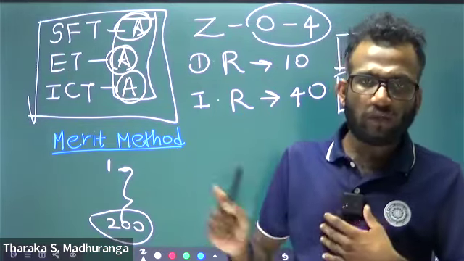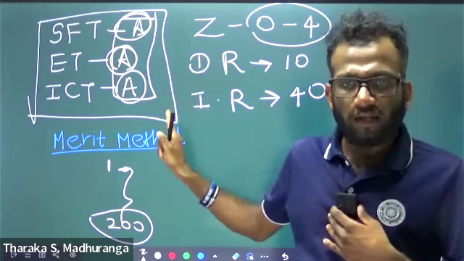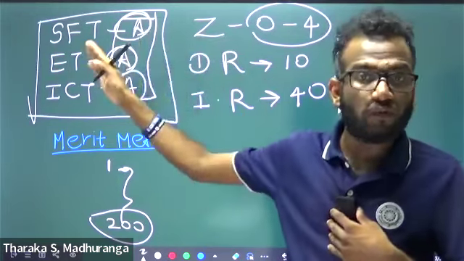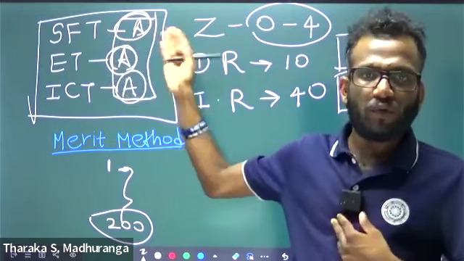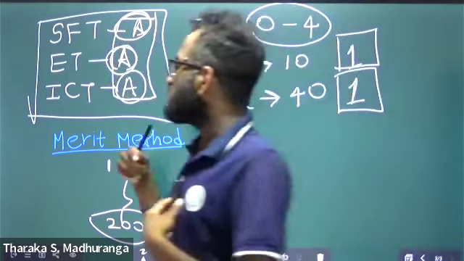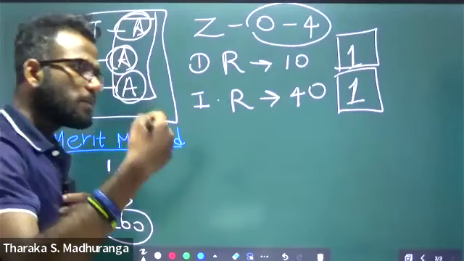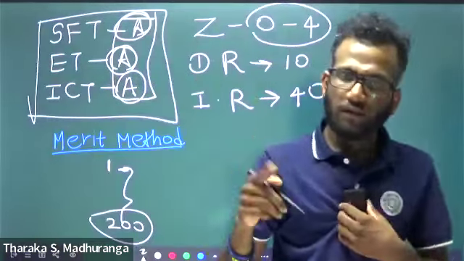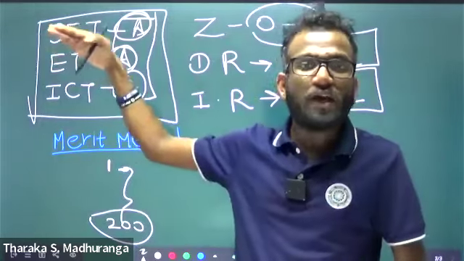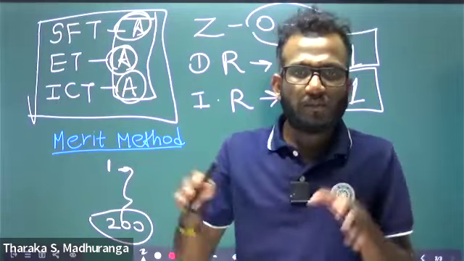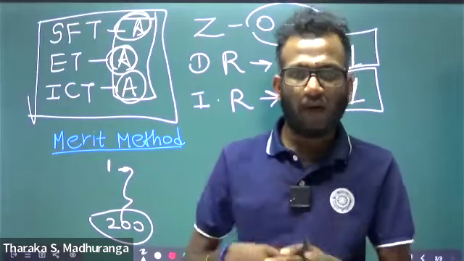According to your Z value, the district rank and island rank are decided, not only your marks. Okay, as an example, for ICT, ET, SFT, these subjects, the Z value is different. SFT has the highest Z value among them, because in our subject there are so many calculation parts.